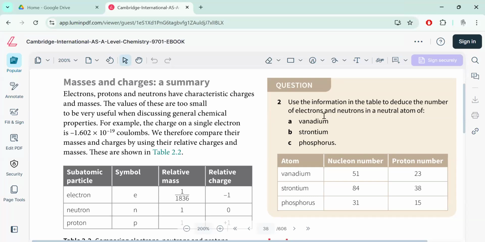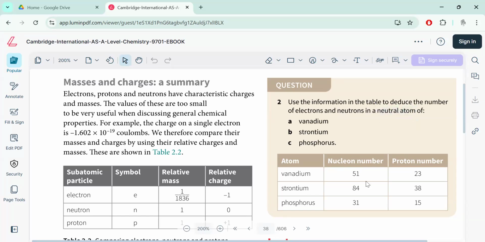Pardon me, it is actually stated here that it is a neutral atom, meaning that we don't have to deal with ions, where one of them probably has more protons or more electrons than the other. Since this is really at the beginning of the chapter, it's a neutral atom. I'm going to explain ions later in this chapter.